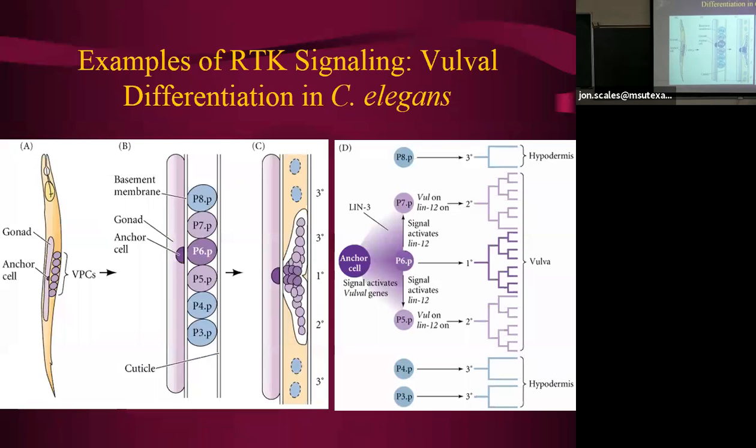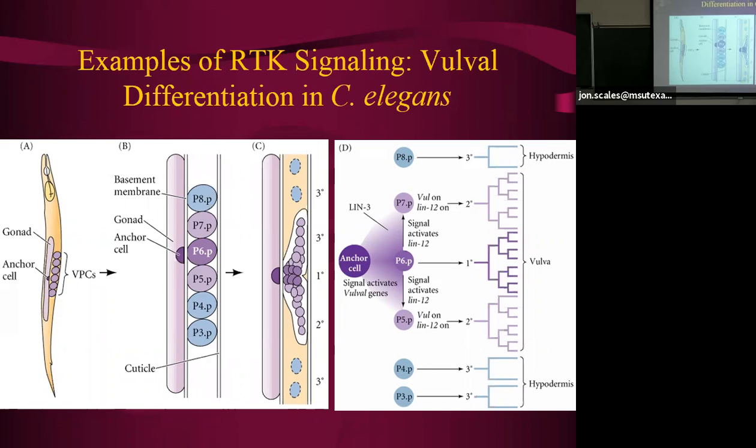And then in the C. elegans, I mentioned that there's the vulva, which is derived from 6 precursor cells, and when the eggs are fertilized, they hang out here for a few developmental cell divisions.